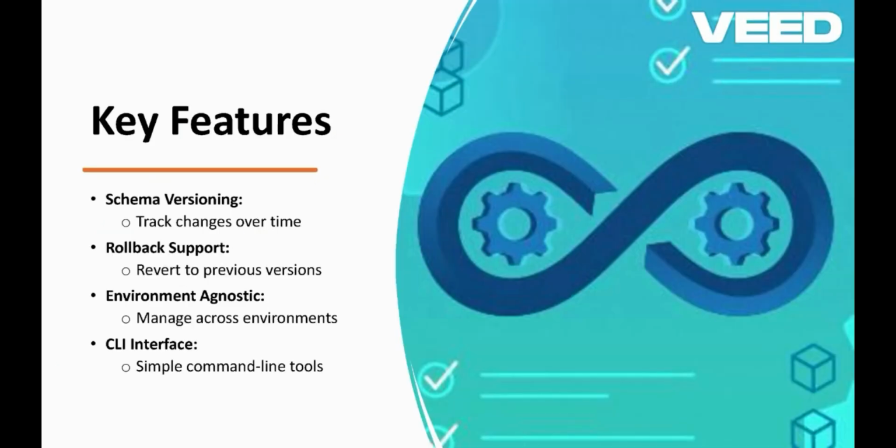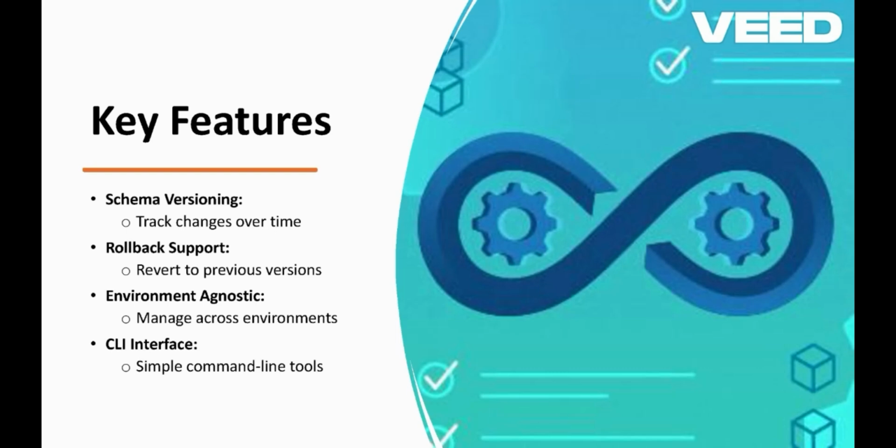Let's take a closer look at some of the key features of TG Migrator. Schema versioning. This feature helps you keep track of changes to your schema over time, providing a clear and organized history. Rollback support. If something goes wrong, you can easily revert to a previous schema version, minimizing downtime and errors.